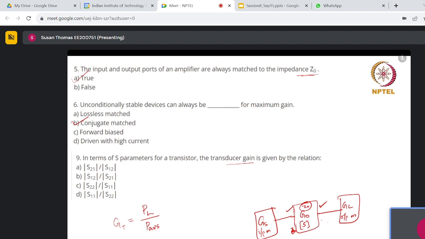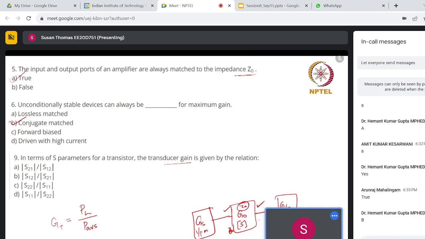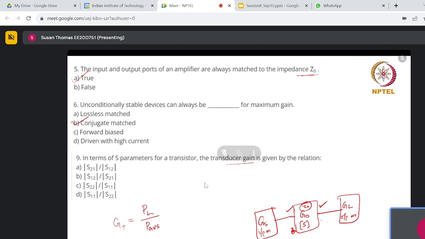Any idea how it can be written in terms of S parameters? Yes, Dr. Hemant Kumar, you are right.